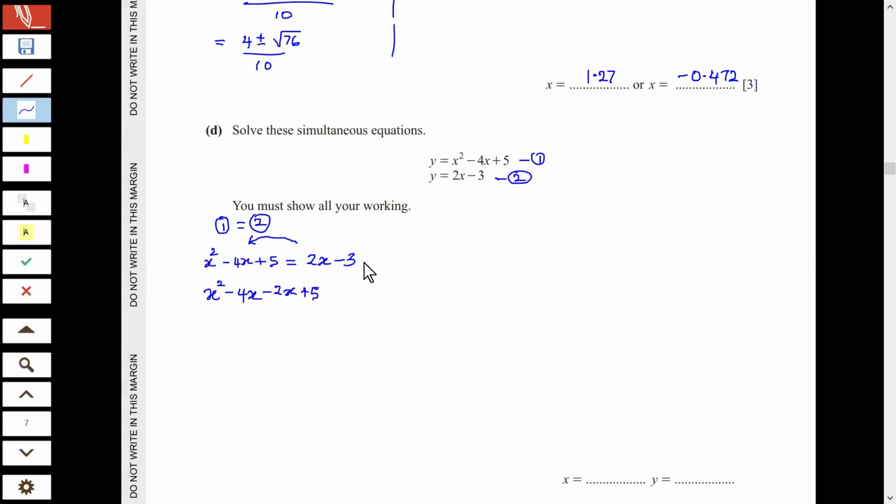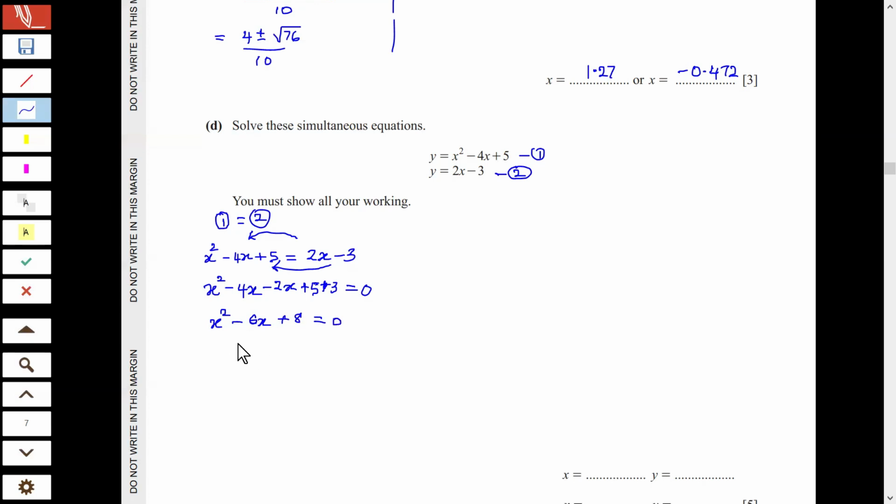Negative 3 on the right-hand side moves to the left-hand side and becomes positive 3. So plus 3 equal to 0. Let's simplify further. I've got x squared, negative 4x minus 2x gives negative 6x, and then 5 plus 3 is 8, plus 8 equal to 0.